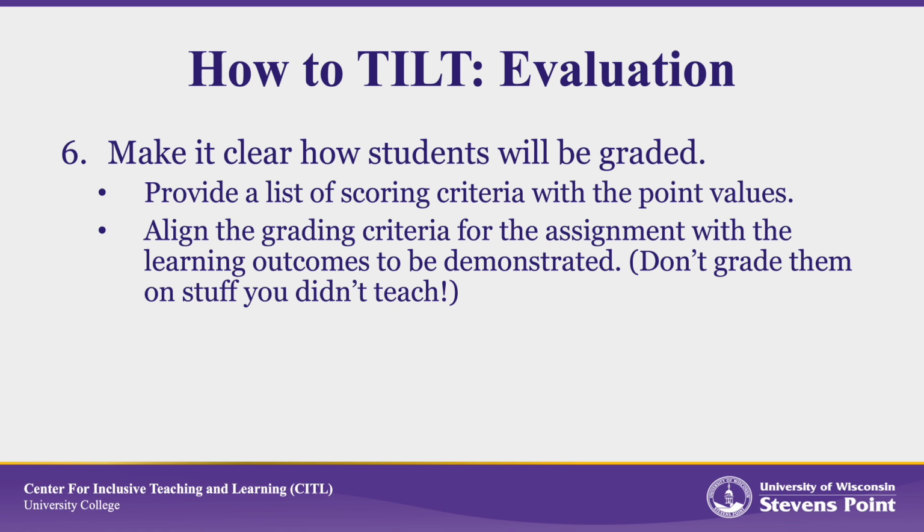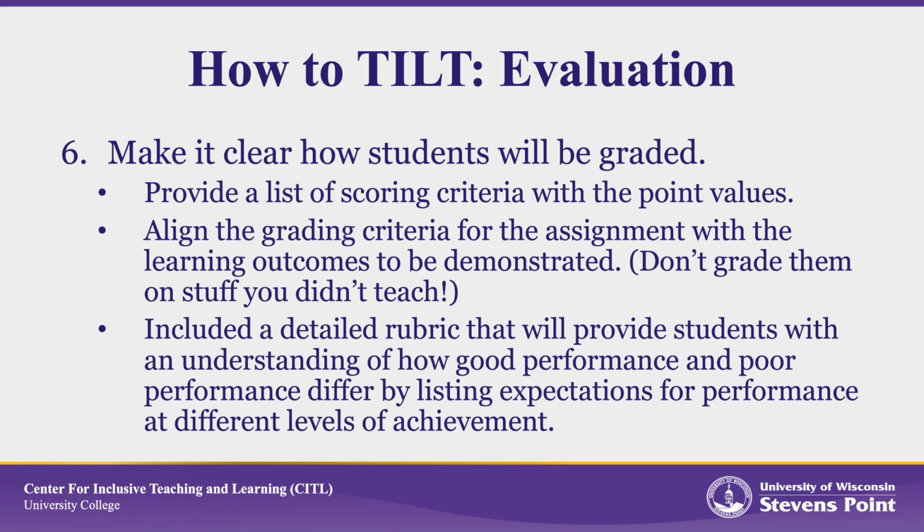You shouldn't be grading students on things that you're not teaching. Include a detailed rubric that will provide students with an understanding of how good performance and poor performance differ by listing the expectations for the different levels of achievement. If you're using the rubrics tool in Canvas, it will further speed your grading because you can basically check off the level of student performance as you grade.